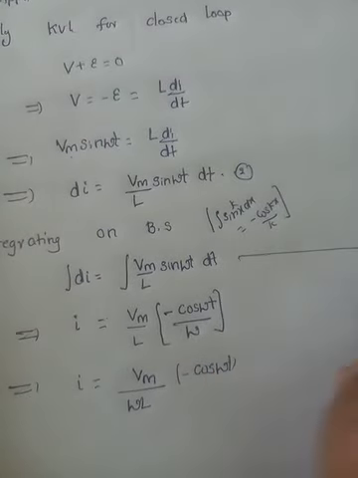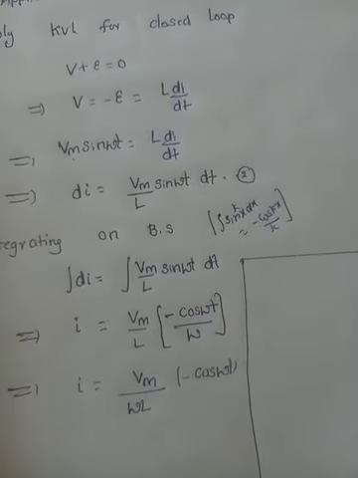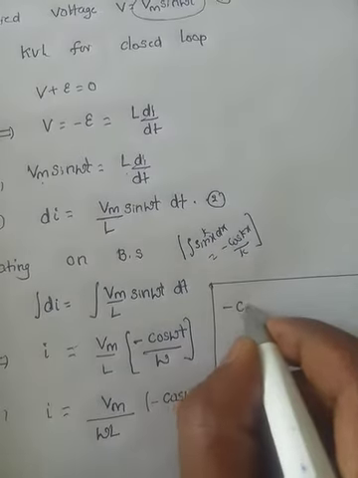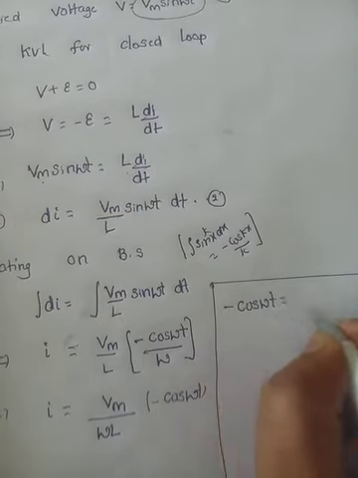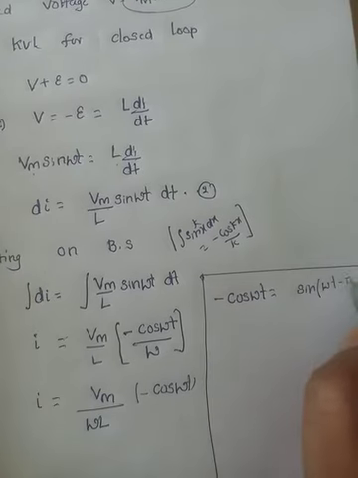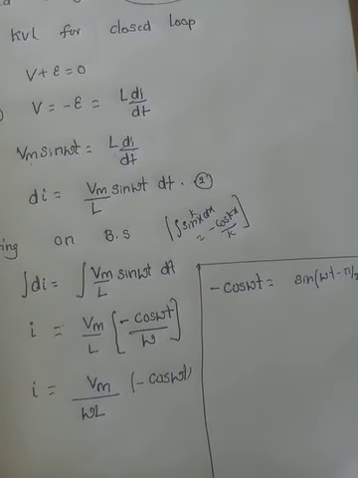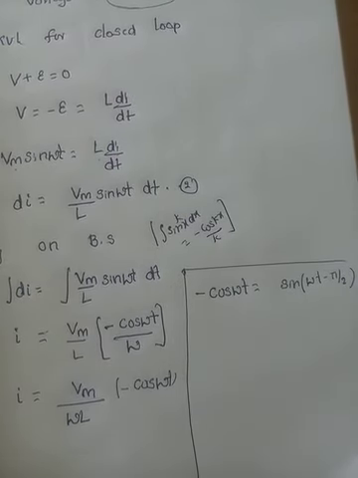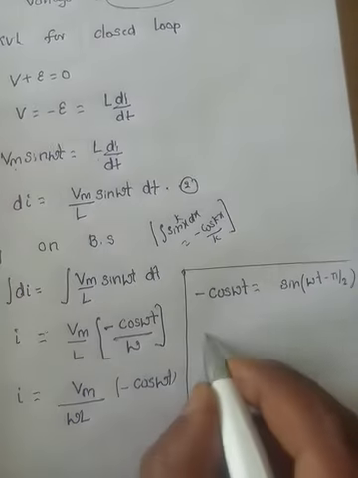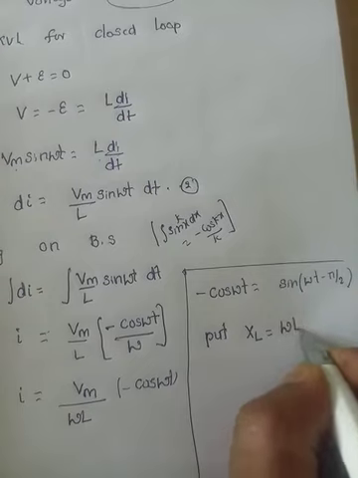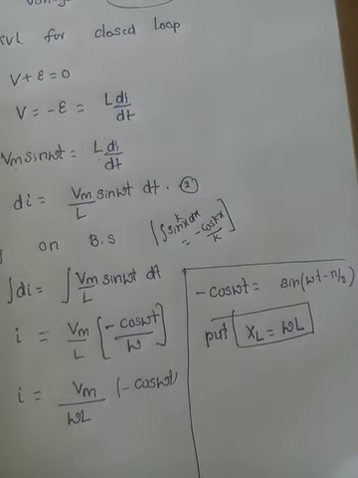See here. We can write minus cos omega t as sine of omega t minus pi by 2, and put XL equals omega L. What is this? We will come to know.